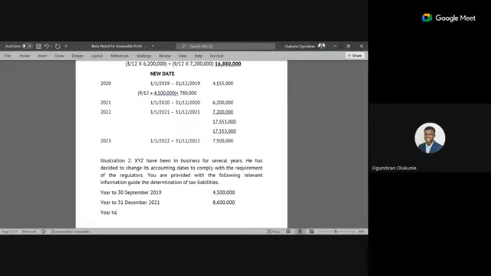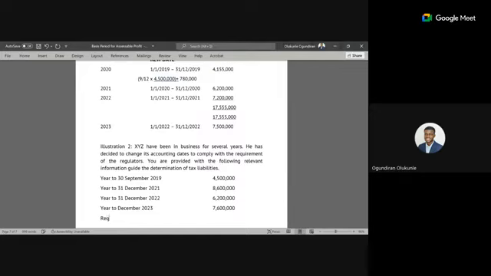Then year to 31 December 2022, you have 6.2 million. And finally, you have year to December 2023, 7.6 million. Right. Required.